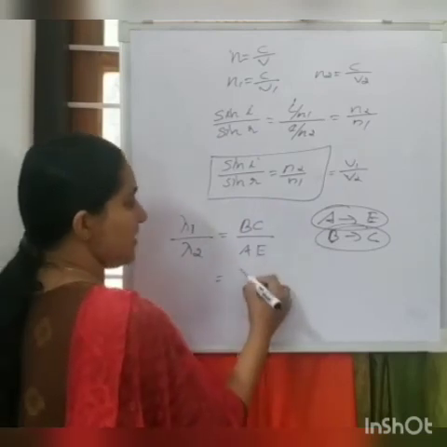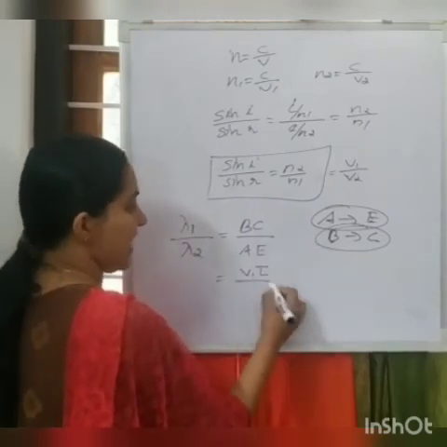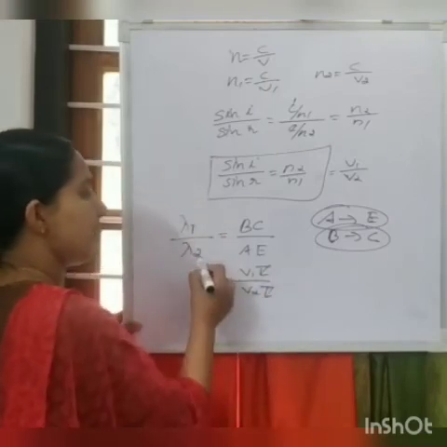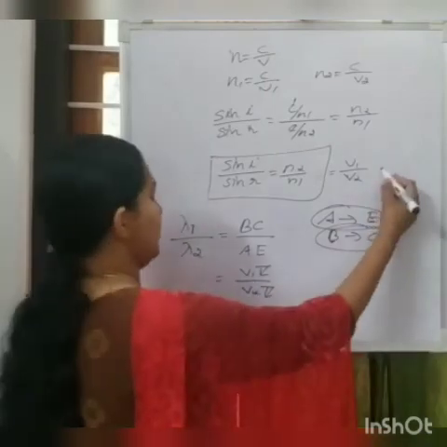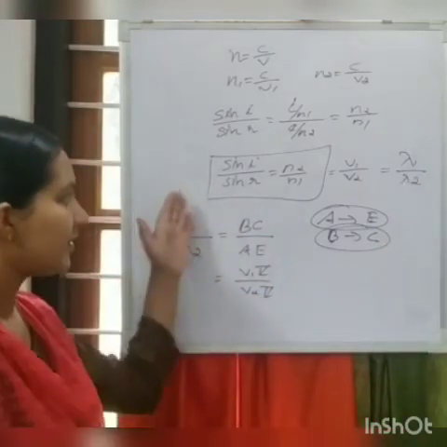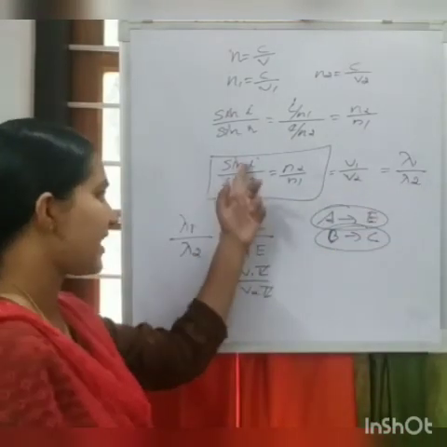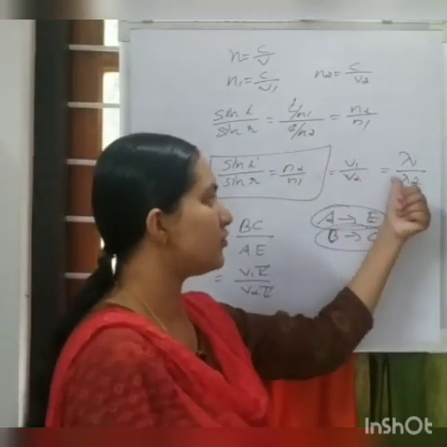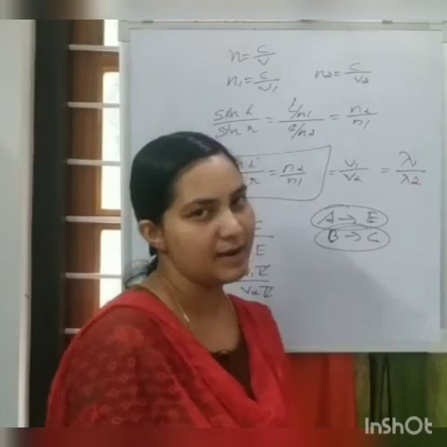What is BC? V1 tau. What is AE? V2 tau. Tau and tau will cancel. Lambda 1 by lambda 2 is V1 by V2. We got Snell's law in all the forms. Sin I by sin R equals N2 by N1, which is equal to V1 by V2, which is equal to lambda 1 by lambda 2.